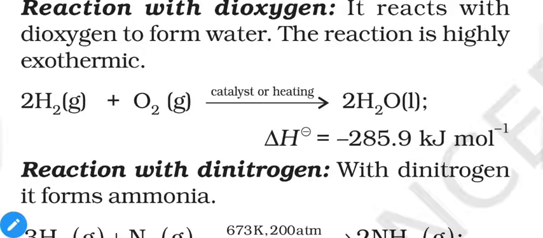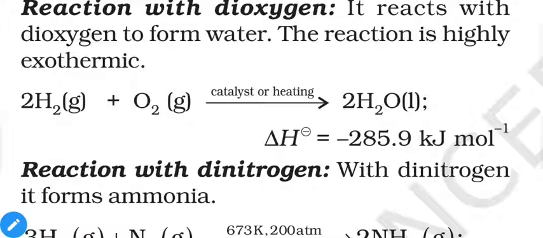Now the reaction with dioxygen is an obvious reaction. H2 is a flammable gas and O2 is a combustion supporter. That means one of the reactants is flammable and the second one supports flame or combustion. So that's why they will release a high amount of energy, and the product will be water.